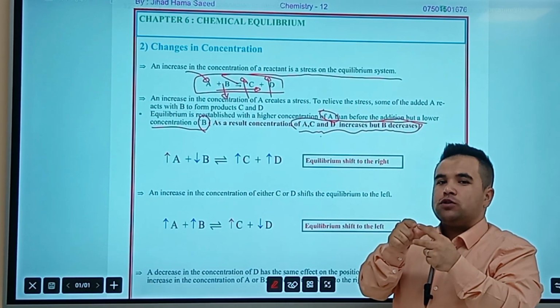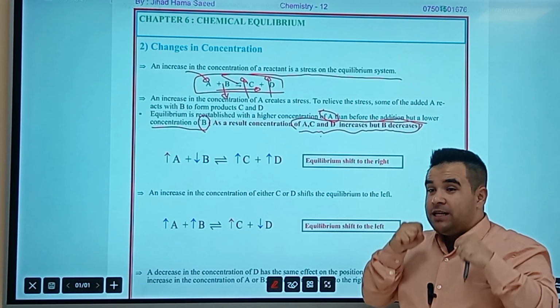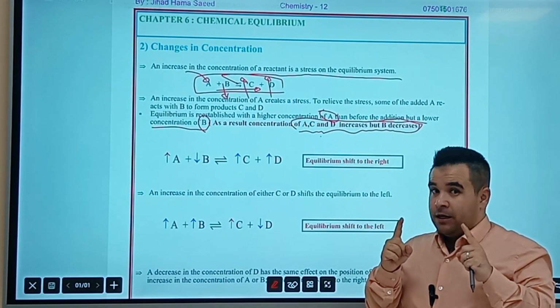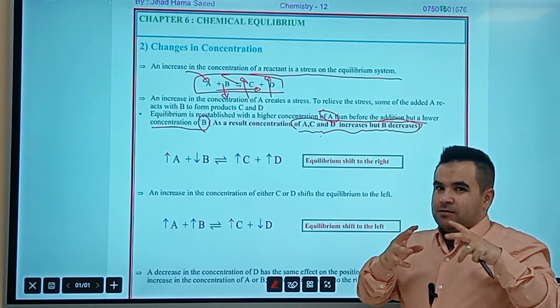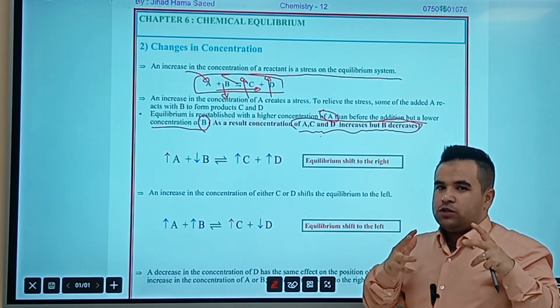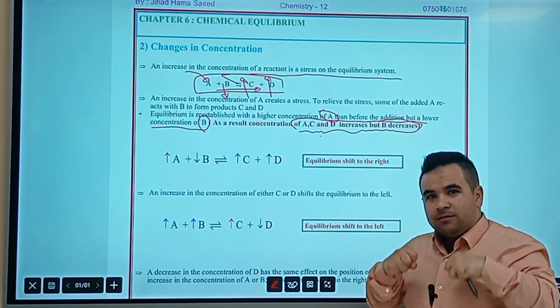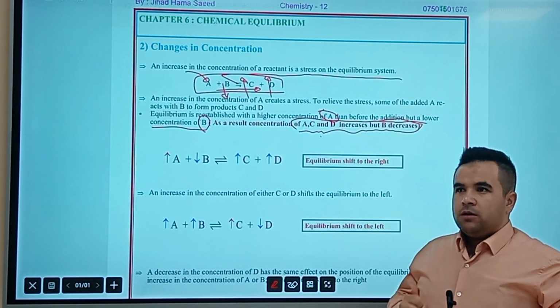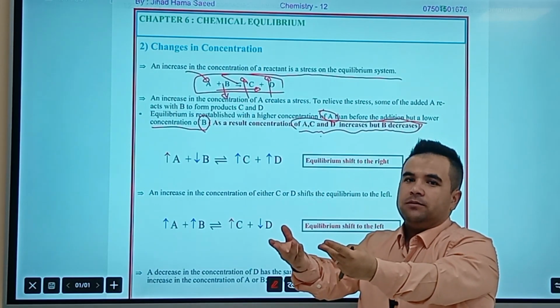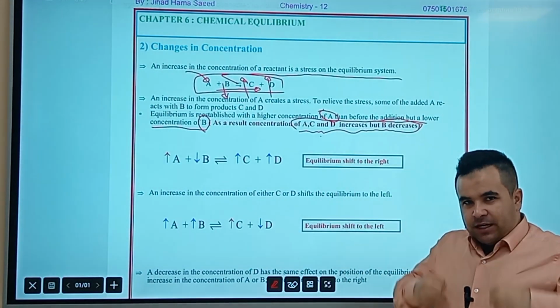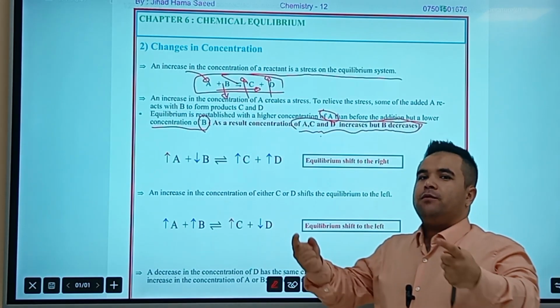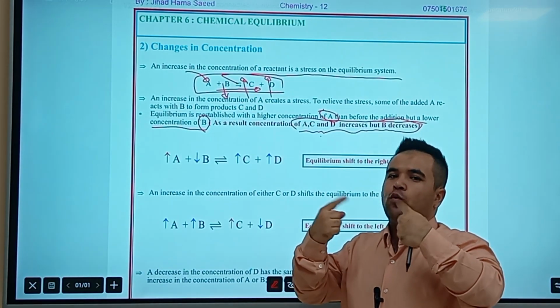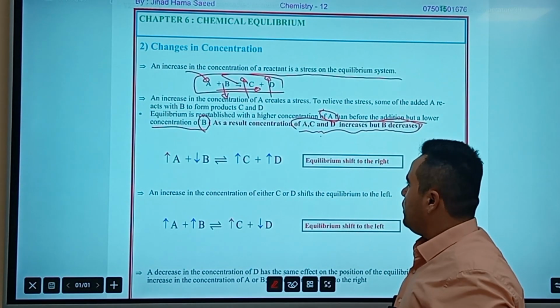How gases and aqueous substances affect it: increasing the gaseous or aqueous amounts on any side favors the opposite side. Decreasing any of those shifts the direction toward the species that we decrease.